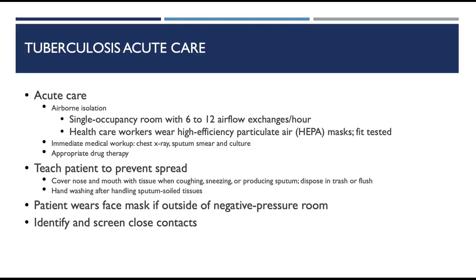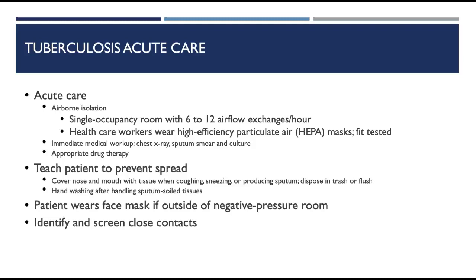So when we have somebody who has tuberculosis in the hospital, they're going to be in airborne isolation, which means they need to be in a single room where there is negative airflow. So that's going to help get rid of some of those air exchanges. Healthcare workers need to wear high efficiency particulate, or HEPA, masks, and those have to be fit tested.